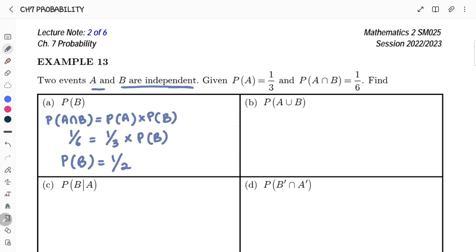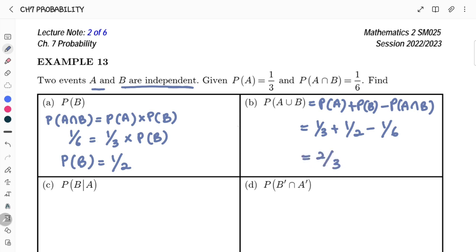And then for P(A union B), this is equal to P(A) plus P(B) minus P(A intersect B). So P(A) is 1/3, P(B) is 1/2, and then the intersection is 1/6.